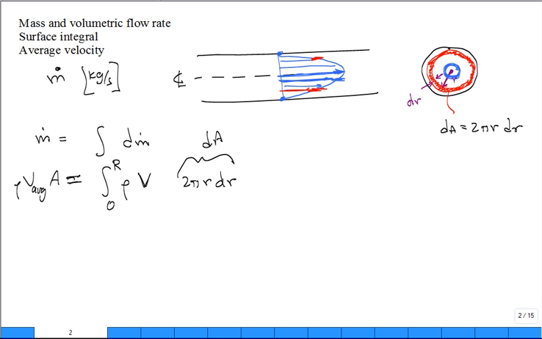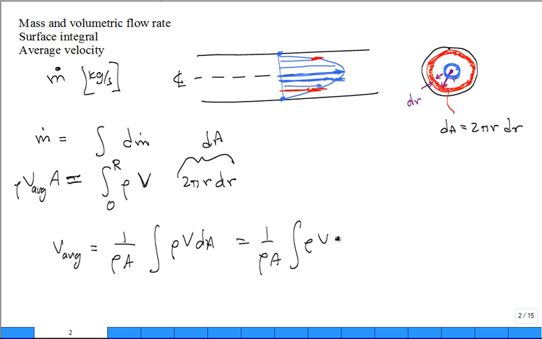Here is now a good equation for the average speed. The average speed is 1 over rho A, the integral of rho v dA, or 1 over rho A, the integral rho v 2 pi r dr. That's dA, 2 pi r dr.